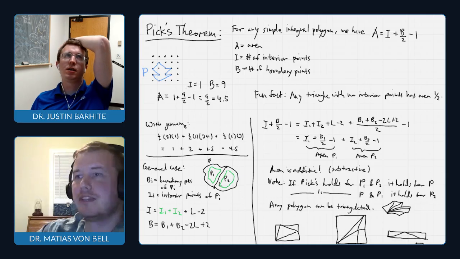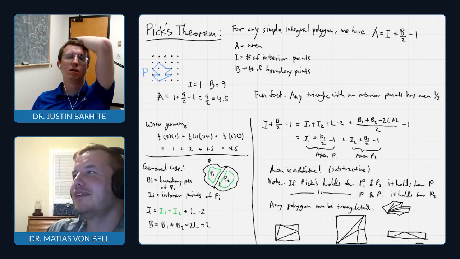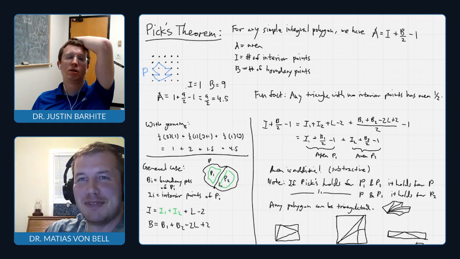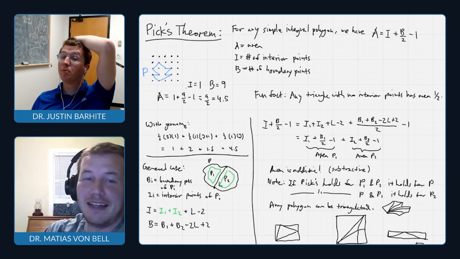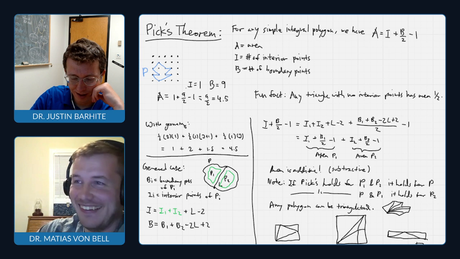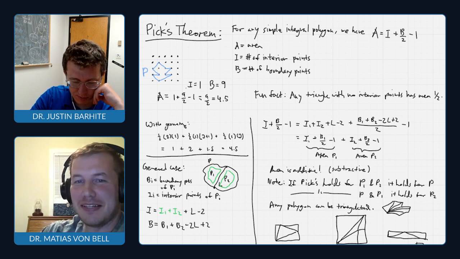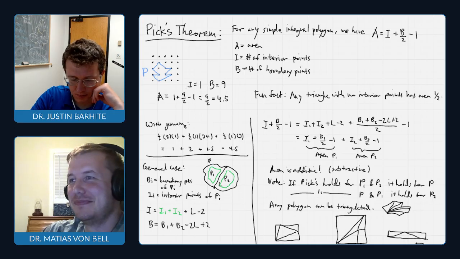This doesn't feel like something I ever knew. I feel like you told me about the shoelace formula as a cool thing you can do with determinants. If I did, it's completely gone from my memory. Maybe I just made it up. I'll take credit for it.